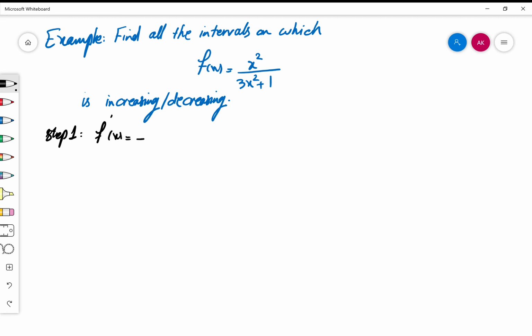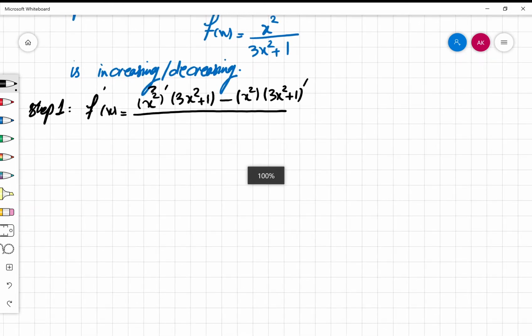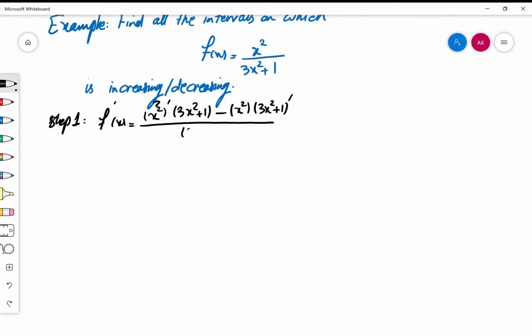F prime, this is a quotient, so I need to use the quotient rule. Minus the numerator itself times the derivative of the denominator, and then the denominator squared.